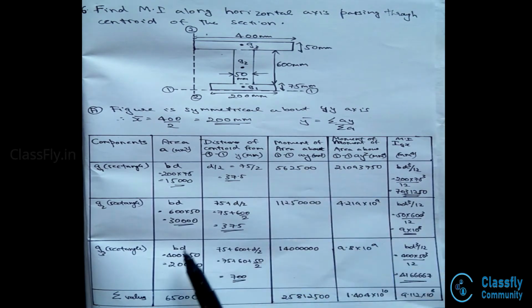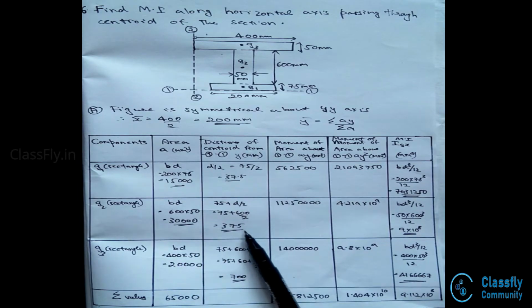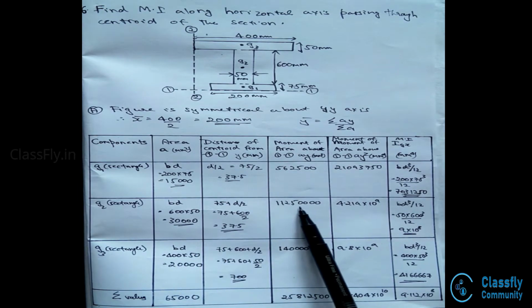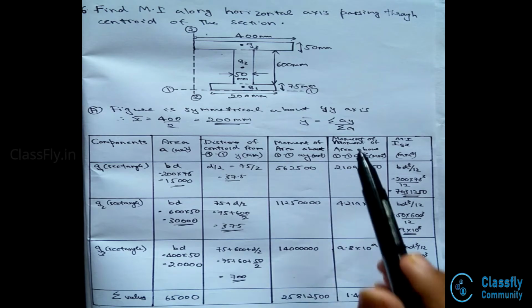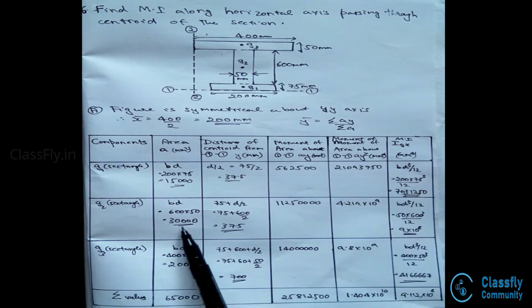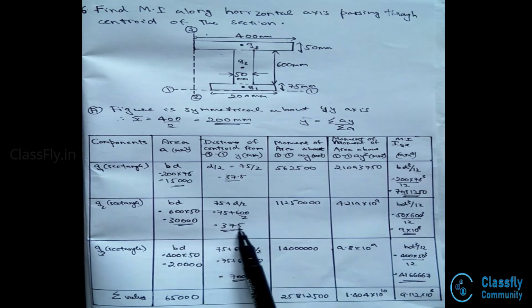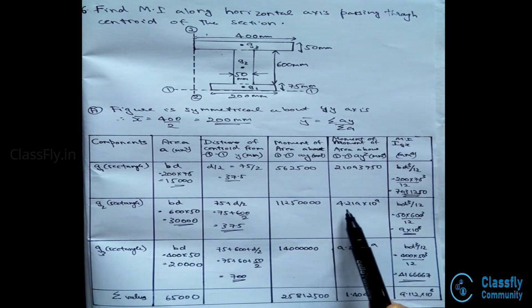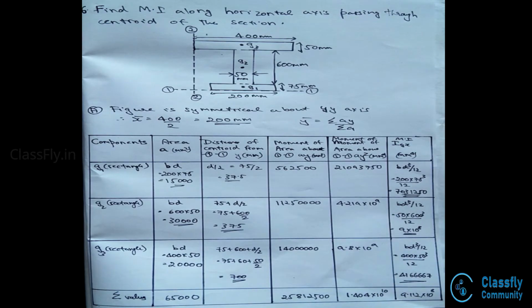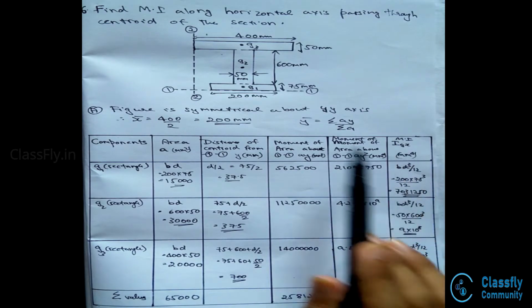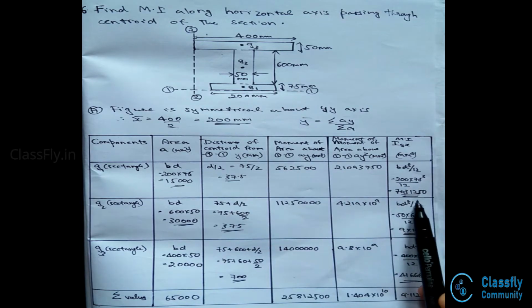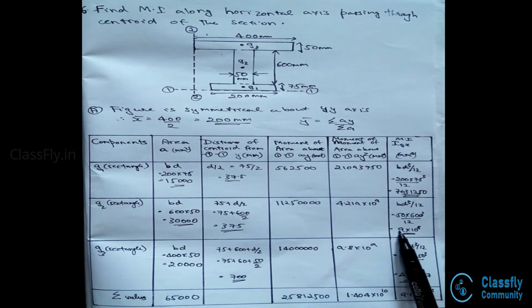Therefore, ay is given by 30,000 into 375, which is 11250000. The ay square will be given by 30,000 into 375 square, which will be 4.219 into 10 to the power 9. Hence, the moment of inertia Igx is given by bd cube by 12, which is 50 into 600 cube divided by 12. Hence, we get 9 into 10 to the power 8.